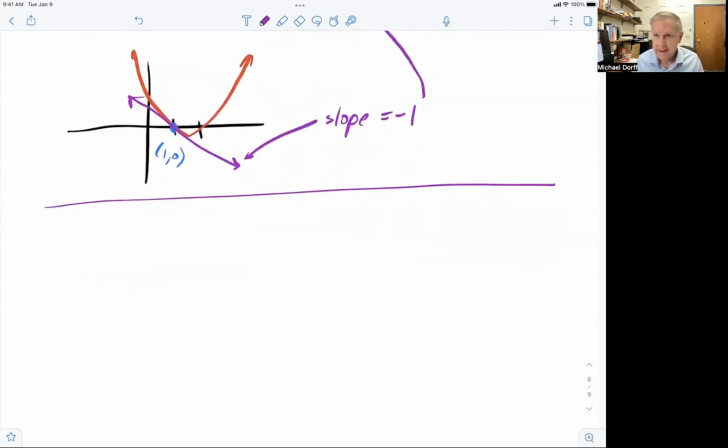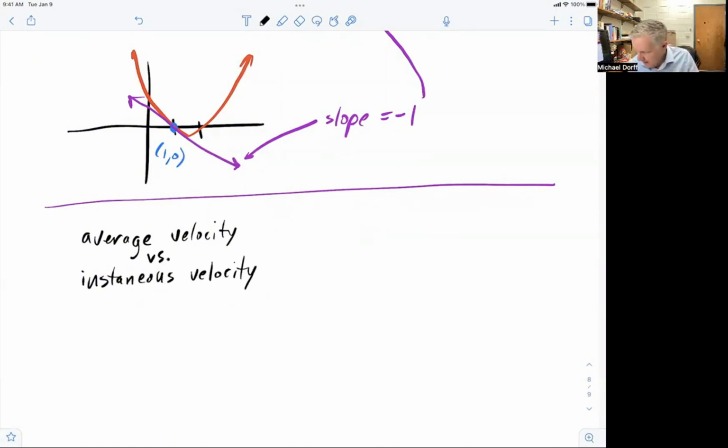All right, now let's do another example here, something that you might see in your homework. There's a difference between average velocity and what we'll call instantaneous velocity, or just velocity. For average velocity, we're going to be using 2 points, and we're just trying to average out the results there.